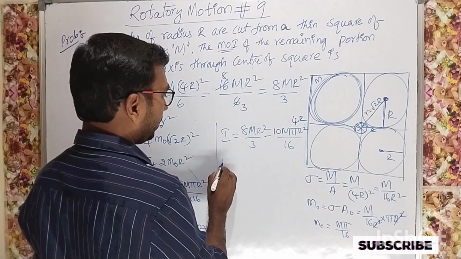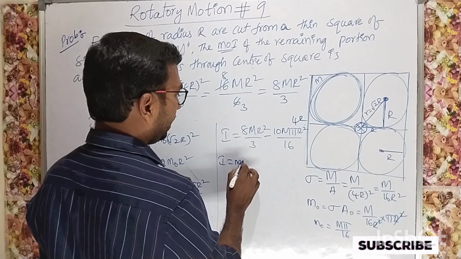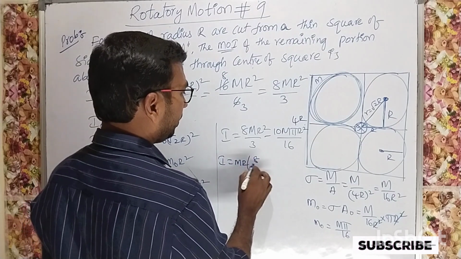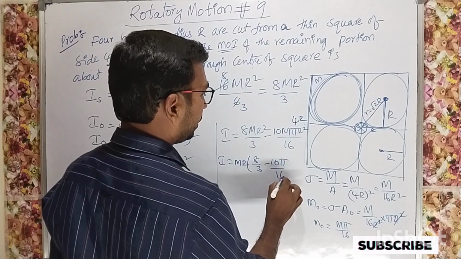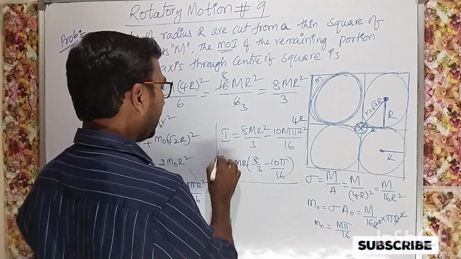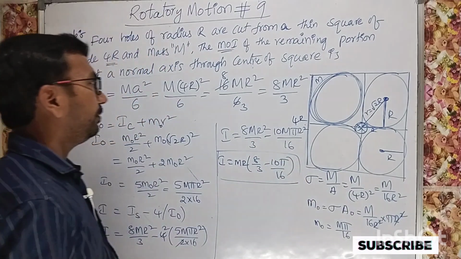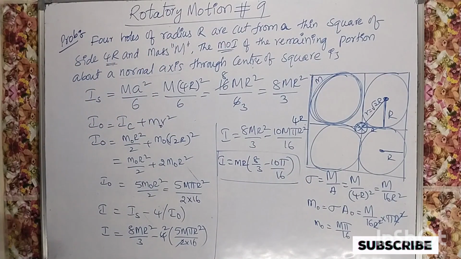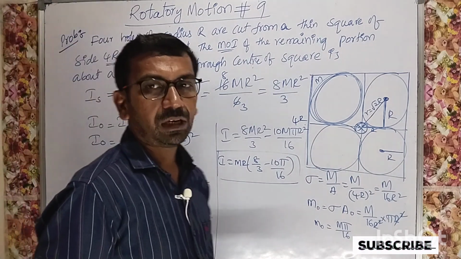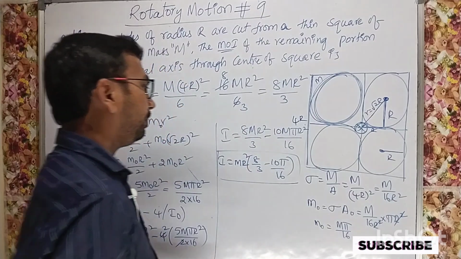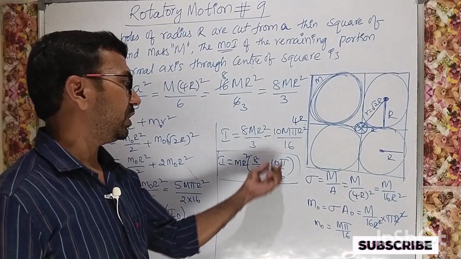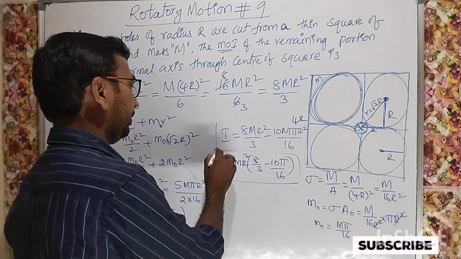So you can take m r square common: 8 by 3 minus 10 pi by 16. So this is the moment of inertia of the remaining portion about a normal axis through the center of the square. I is equal to m r square of 8 by 3 minus 10 pi by 16.